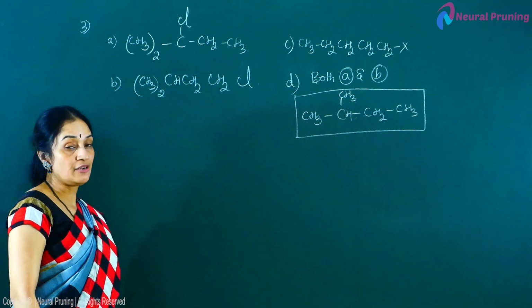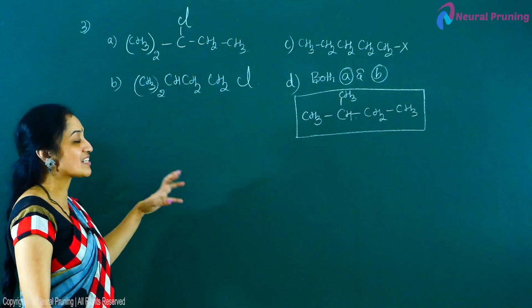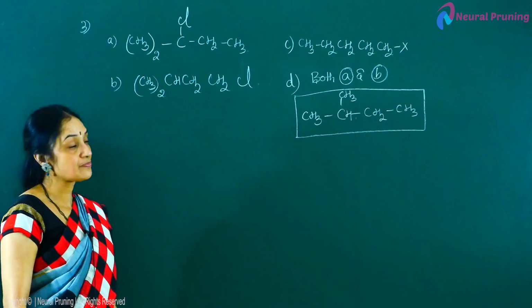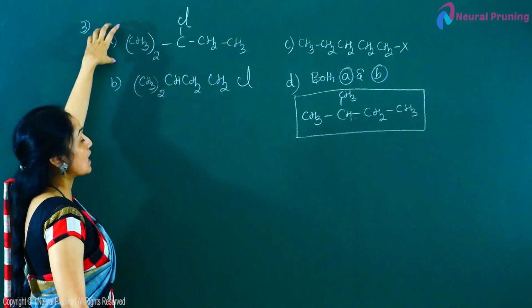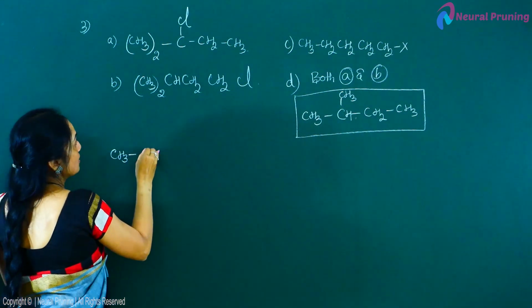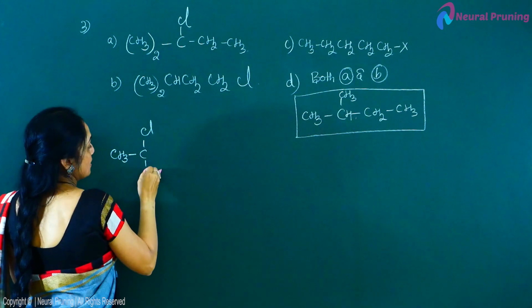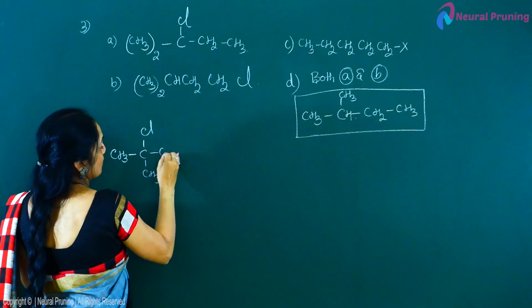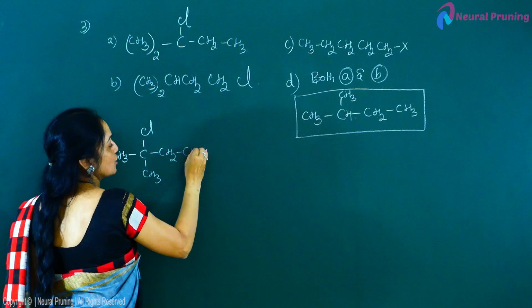Right? If you are very fast, the question takes you at most 1 minute. Now, we'll start with the first option. The first option is CH3C, Cl, CH3, CH2 and CH3.